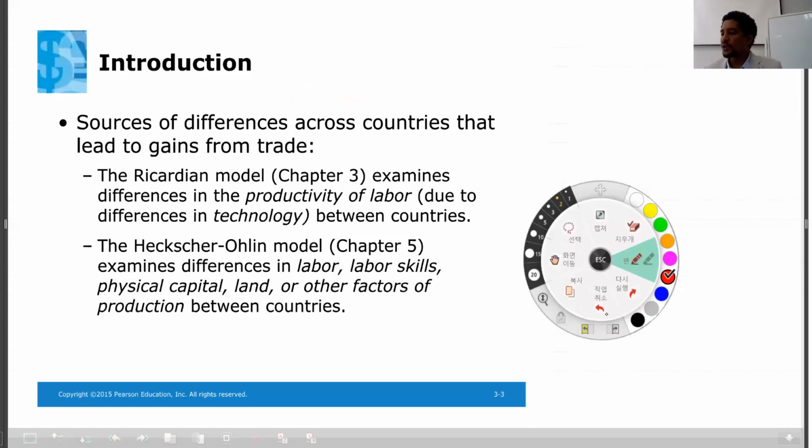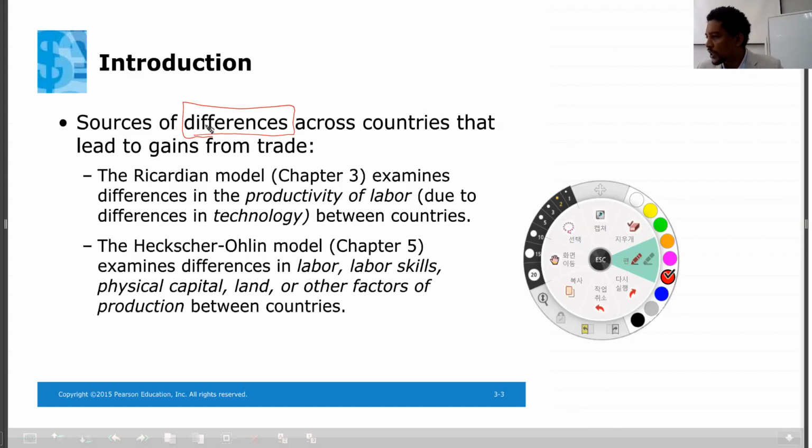So, sources of differences across countries that lead to gains from trade. As I've said in the beginning, the reason why nations engage in international trade, first reason, is the difference. Nations are different in resources.